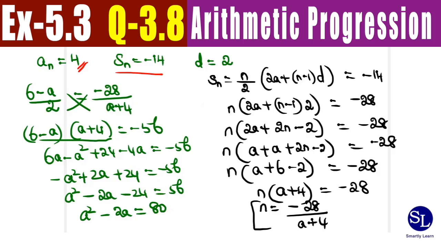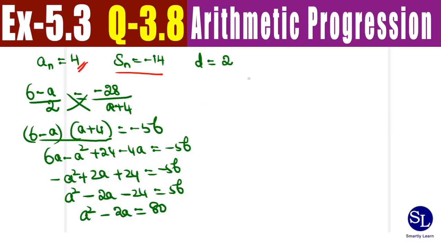Now let's write it in the quadratic form so that we can solve this particular quadratic equation. So it is a squared minus 2a minus 80 is equal to 0. So you need to split minus 80 such that you get minus 2. So 10 into 8 will work. Let's see, I'm going to put the minus sign for the 10 and the plus sign for the 8.